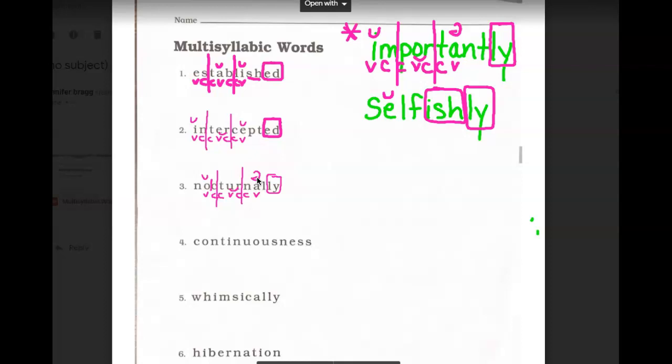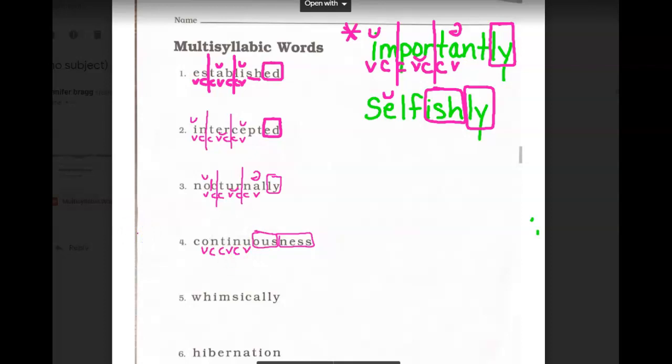Continuousness. Oh, that's a long one. Continuousness. Good spelling word there. Okay, so on this one, we actually have two suffixes. We have the OUS and the NESS because our root word is continue. So let's go ahead and identify the pattern in our root word. We have a vowel, vowel, vowel. So this one, we're going to have our C's, and we have one C here between these two vowels.